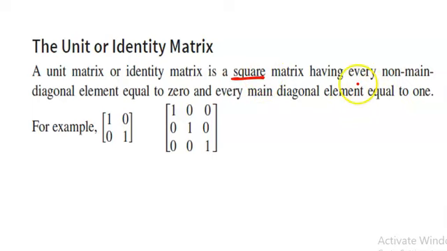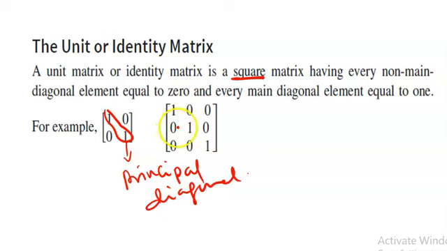Yes, having every non-diagonal element equal to 0 and every main diagonal element equal to 1. So this is what is called the main diagonal. You can call it principal diagonal. So when you have a matrix, the principal diagonal is 1, and then all the other entries remain 0. That is unit or identity matrix.